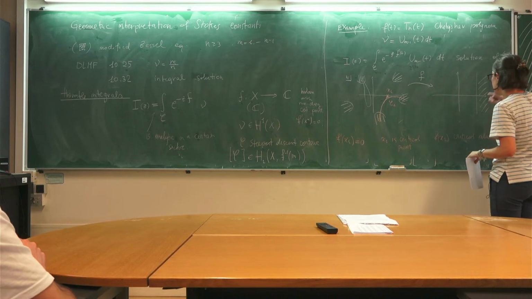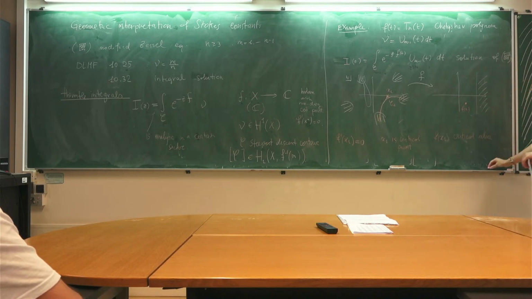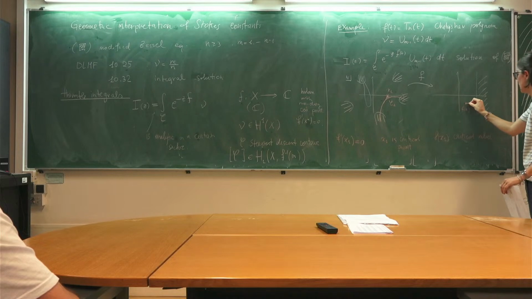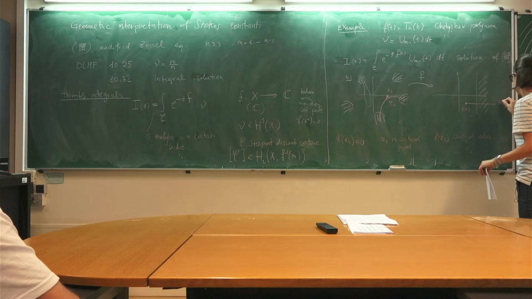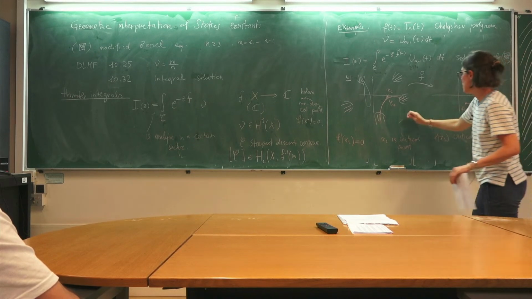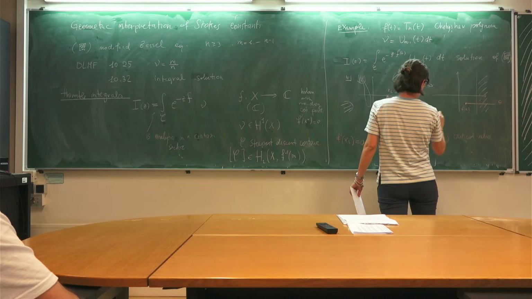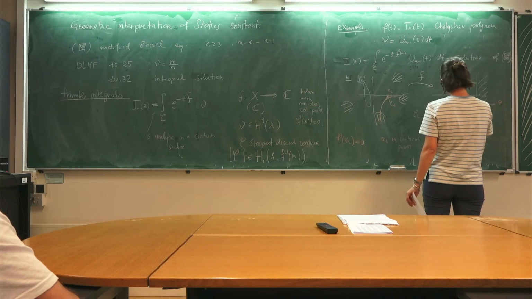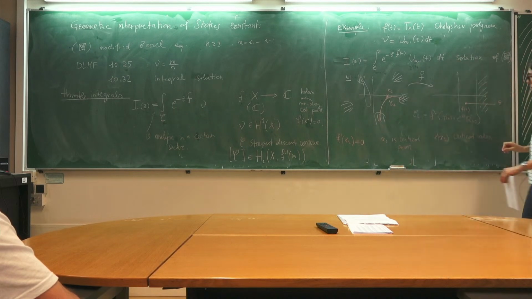So if somewhere here I have the critical value, F of x1, a way to define this contour is just to take the preimage of a ray that goes from F of x1 to infinity in a certain direction, let's say direction theta, and this C1 can be defined as the preimage of this ray along F. So F inverse of the ray from F of x1 plus e to the i theta times R.